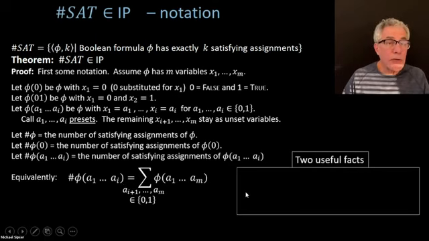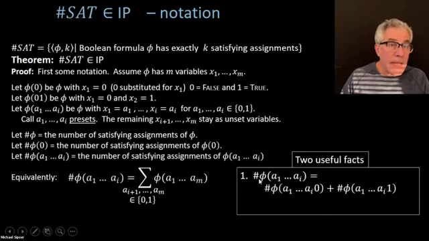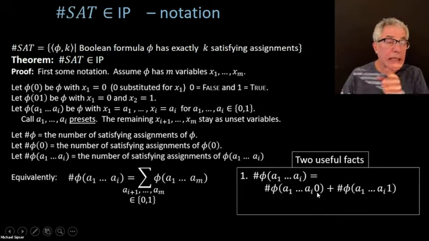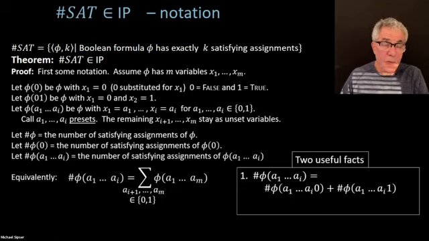Okay? So here are 2 critical facts about this number sign notation. First of all, if I preset the first i values to something, now I can, in addition, set the next variable either to 0 or to 1, and I get this relationship, which is just simply a generalization of the fact that the total number of satisfying assignments of the formula is equal to the number of satisfying assignments when x1 is 0 plus the number of satisfying assignments when x1 is 1.